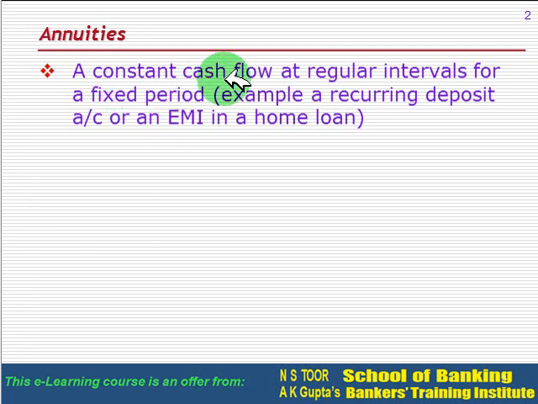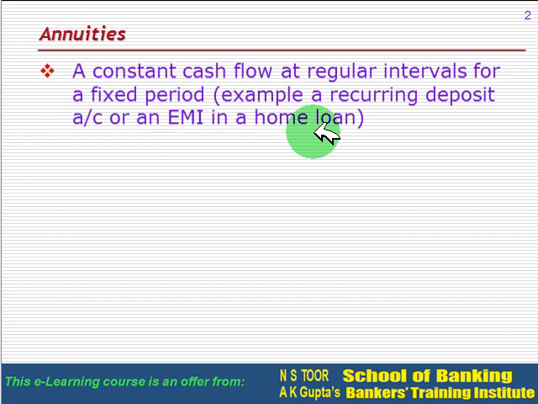A constant cash flow means cash flow of a constant amount at regular intervals, and it is for a fixed period, like that what we see in case of a recurring deposit or an equated monthly installment in a home loan.